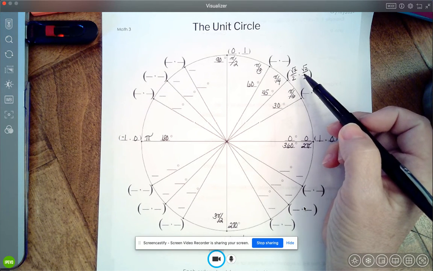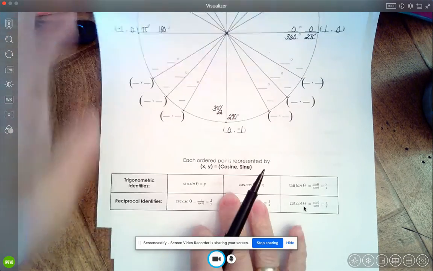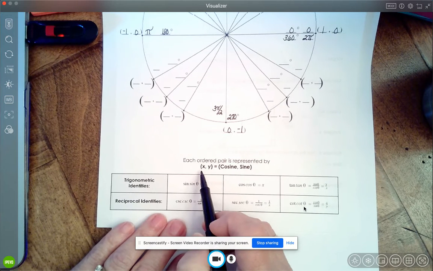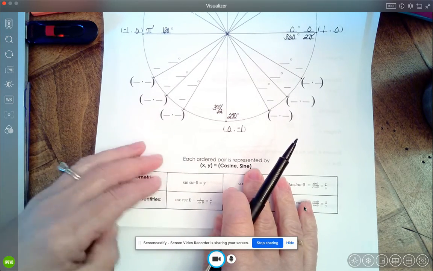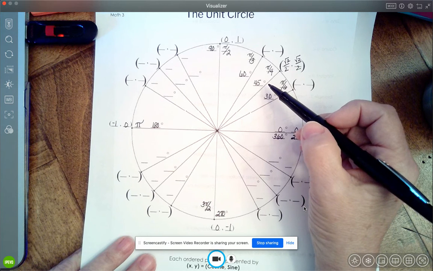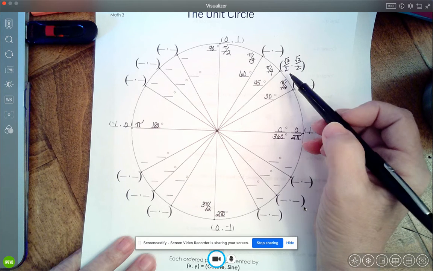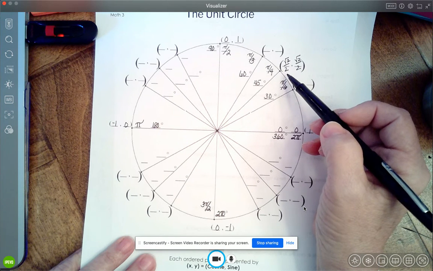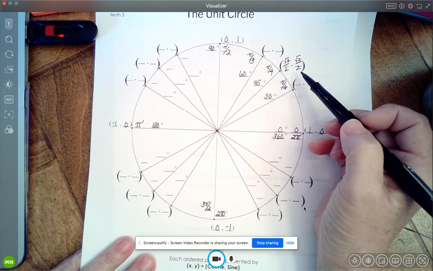Now, what we need to remember, and this is at the very bottom of your page, is y values are sine and x values are cosine. So if someone asks you, what is the cosine of 45 degrees? Or what is the cosine of pi over 4? You can tell them the square root of 2 over 2. That is the x value. What is the sine of 45 degrees? The sine of pi over 4, square root of 2 over 2.